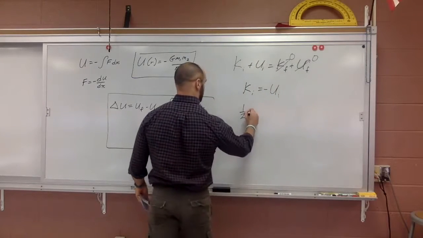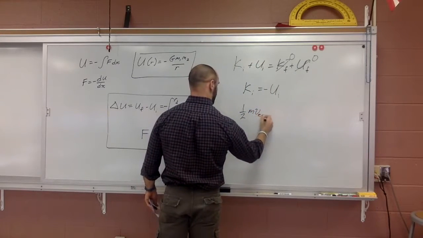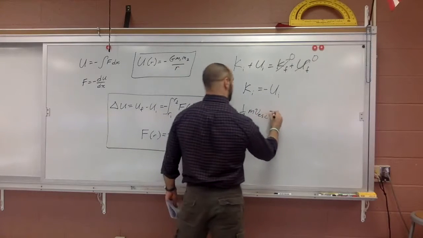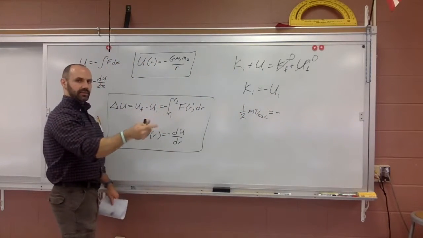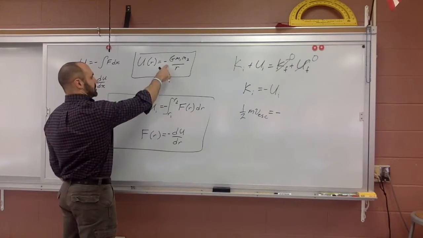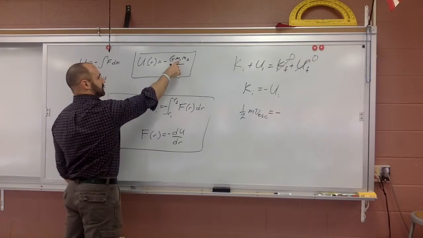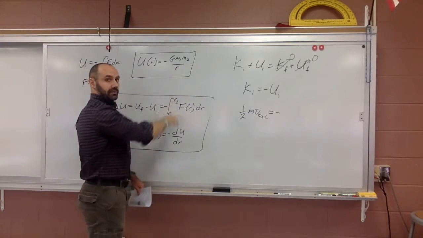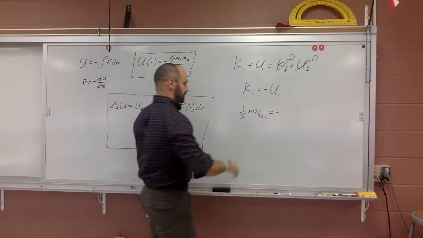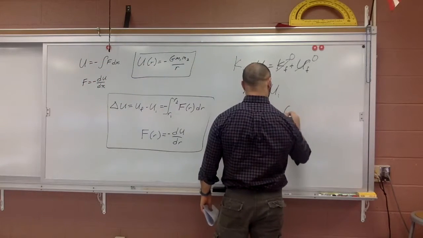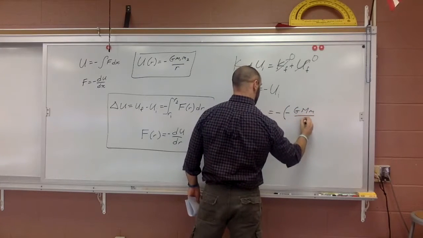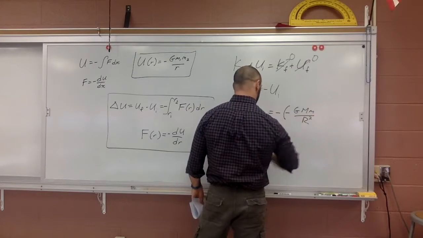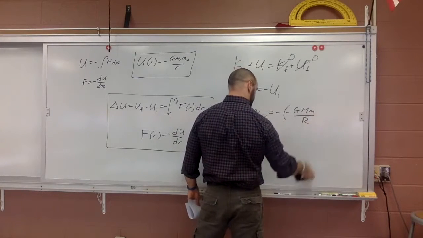Okay. And so then one half m v escape velocity squared is equal to the negative of U initial. Well, that's the gravitational potential energy on the surface, you're going from the surface of the Earth. So this is negative G mass of the Earth times the mass of the object over the radius of the Earth. Sorry, the r is not squared.